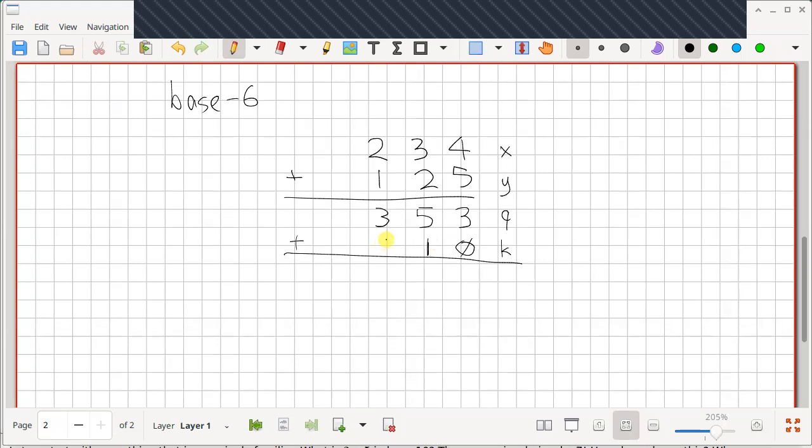So K2 is C of 3, 2 plus C of 5, 1. C of 3, 2 is basically comparing 3 plus 2, which is 5, against 6. And 5 is not greater than or equal to 6. So C returns 0.